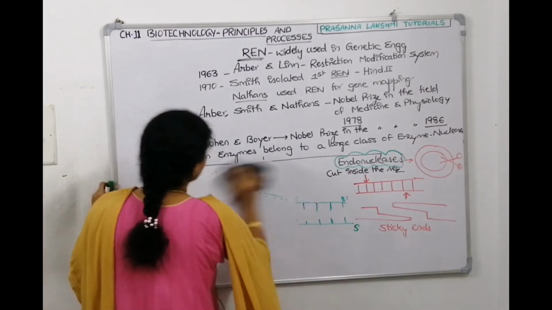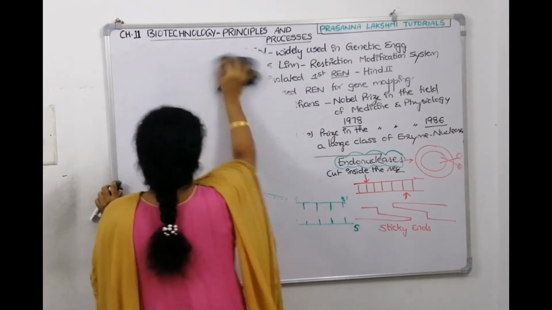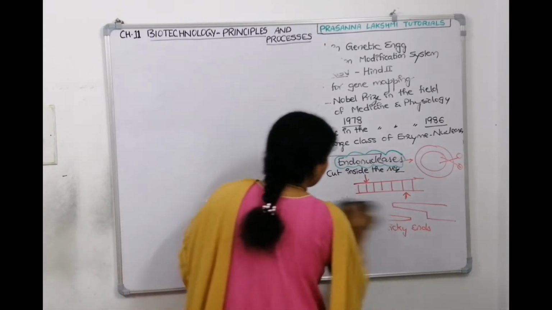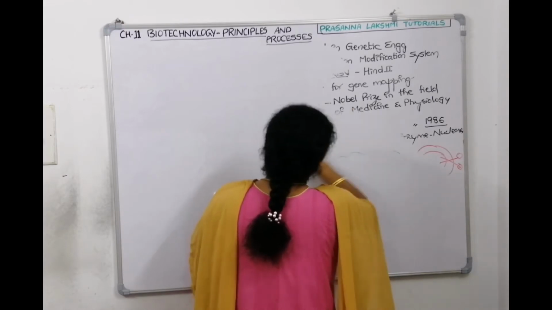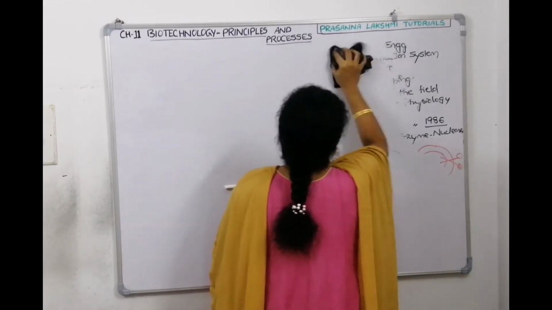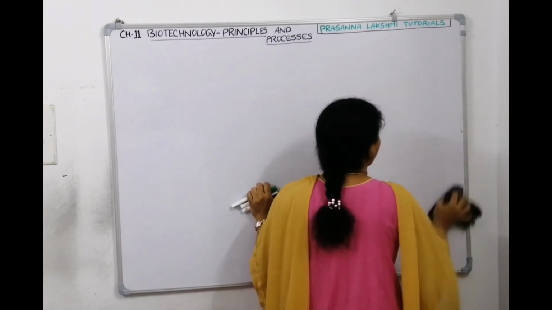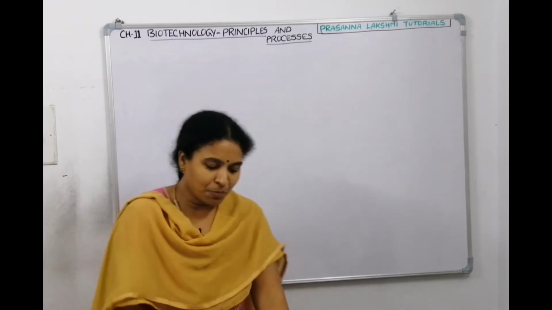Now let us talk about the types of restriction endonucleases. There are 3 types of restriction endonucleases. We call them type 1, type 2, type 3. If you remember molecular basis of inheritance, chapter 6, there we tell DNA polymerase 1, pol 2, pol 3. RNA pol 1, pol 2, pol 3.